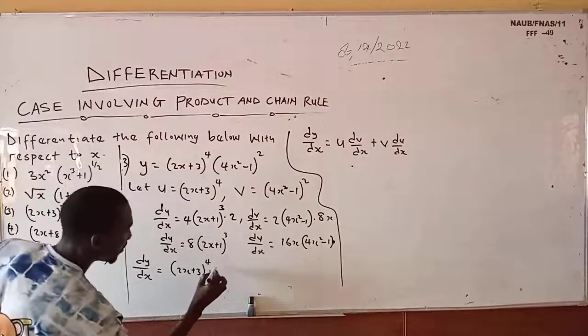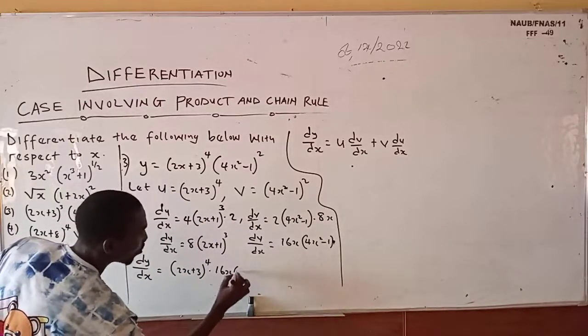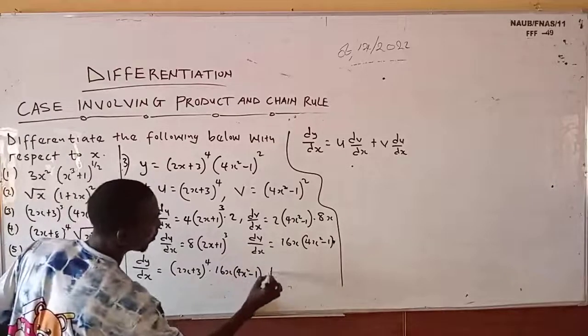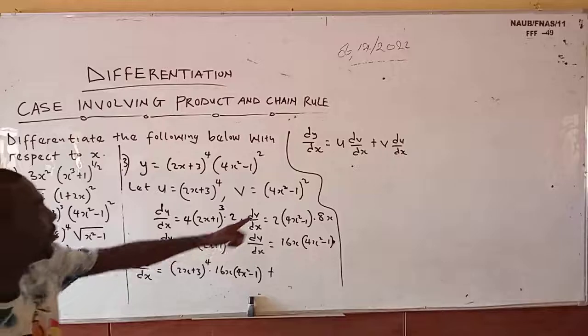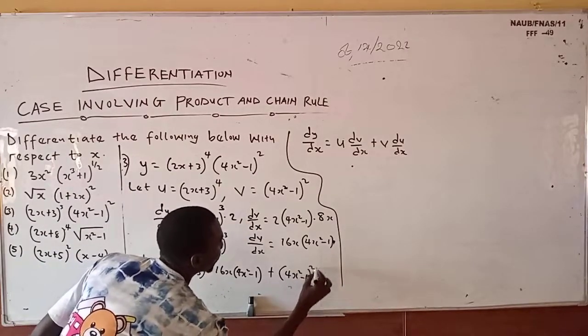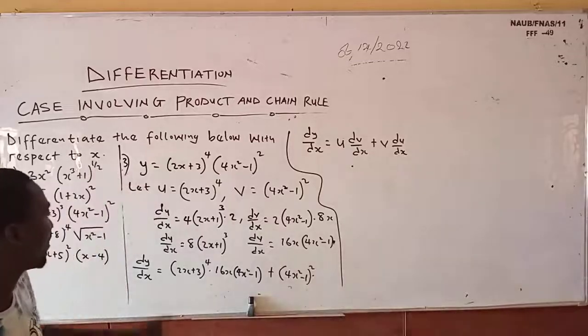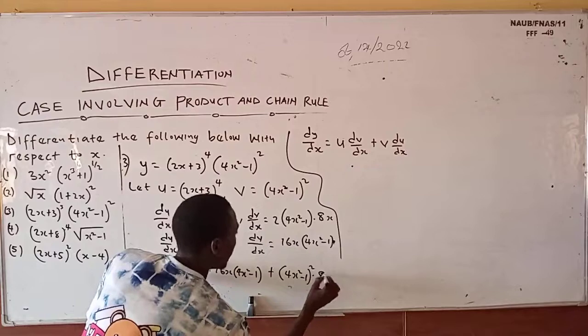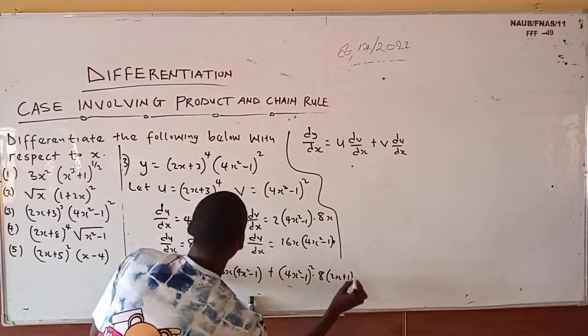What is the dv ds? It is 16s into 4s squared minus 1, plus v. What is v? V is 4s squared minus 1 all squared multiplied by the du ds. The du ds is nothing but 8 into 2s plus 1 all cubed.